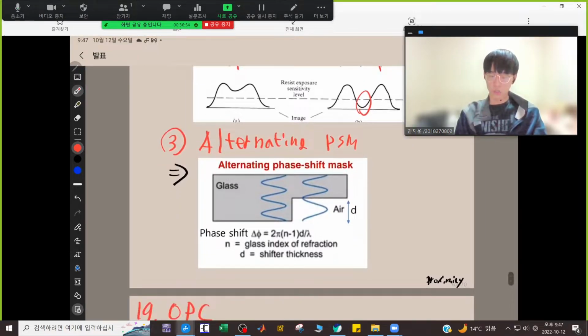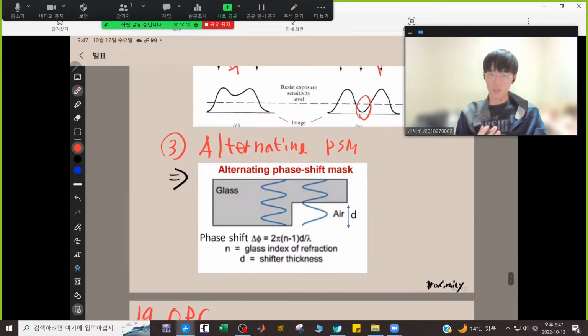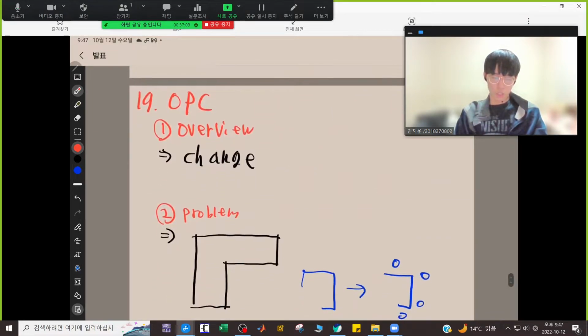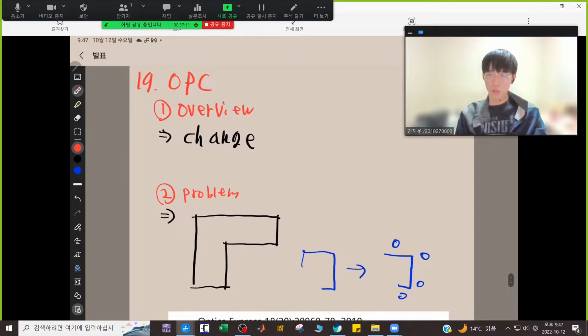So it also blocks the constructive interference. Next one is OPC, optical proximity correction.